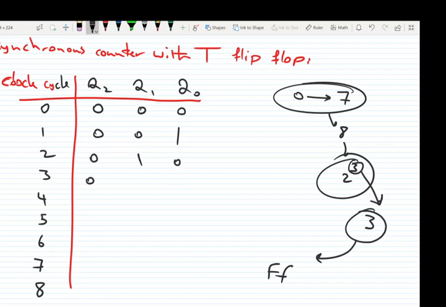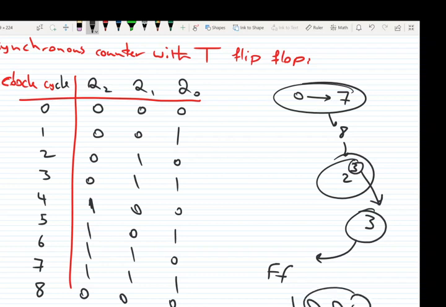For 3, we have 0, 1, 1. For 4, we have 1, 0, 0. 5 is 1, 0, 1. 6 is 1, 1, 0. 7 is 1, 1, 1. And 8, of course, needs 4 bits, 1, 0, 0, 0, but these 3 bits for number 8 are 0.